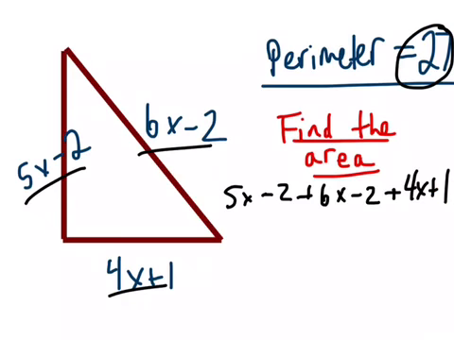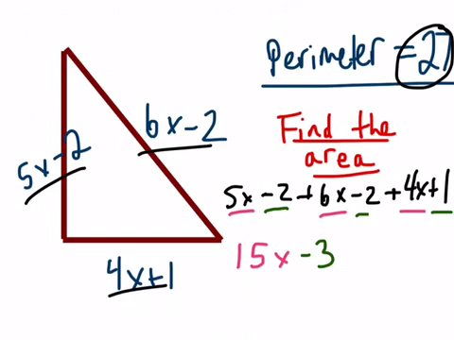So to simplify this a little bit, we're going to combine the like terms, 5x, 6x, and 4x. So 5 plus 6 plus 4 is 15, so 15x. Go ahead and combine the constants as well. So negative 2, negative 2, and 1. Negative 2 minus 2 is negative 4, plus 1 is negative 3. And again, that equals the perimeter, 27.